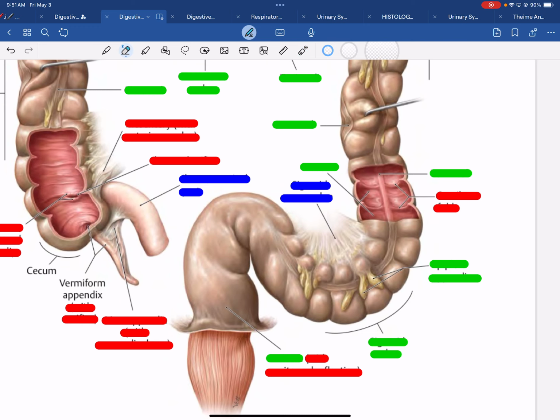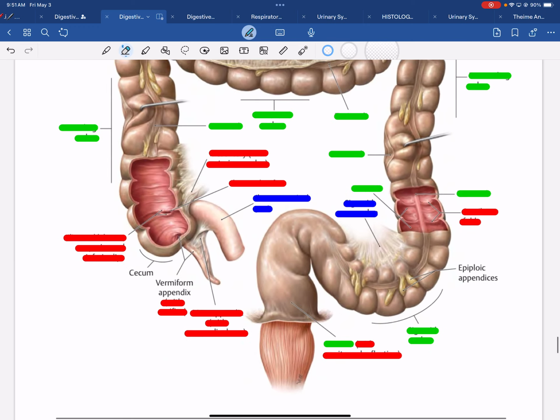Good, epiploic or omental. This word is the plural of appendix. So there are two types of appendices: the vermiform appendix and the epiploic appendix. And there are multiple epiploic appendices, or you can call them epiploic appendages.